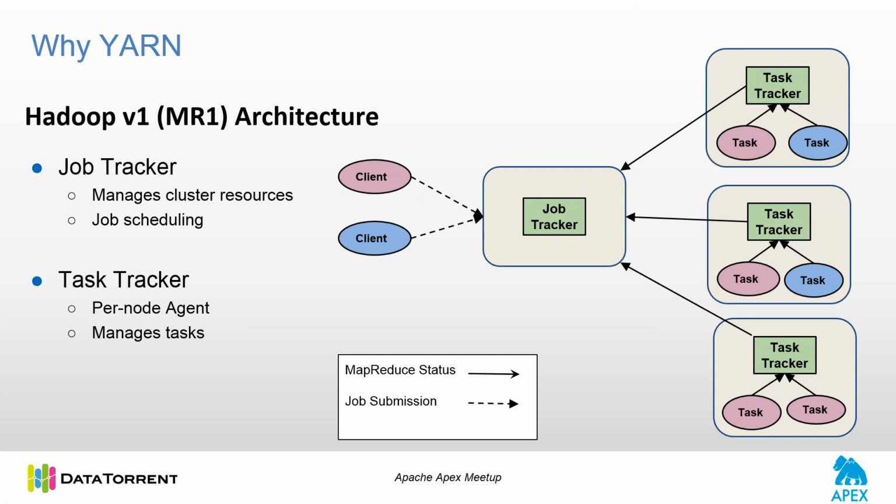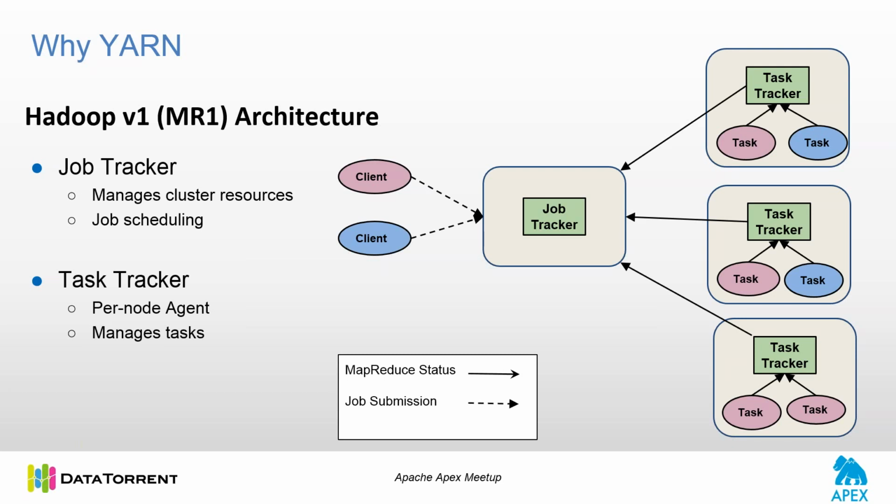In this Hadoop version 1, if you want to write an application, you have to write your application in the MapReduce fashion. That is, in the first phase, your input will be divided into small chunks and the map tasks will run on that to compute some results based on your logic.